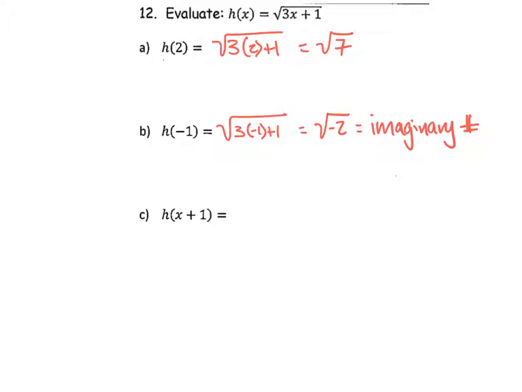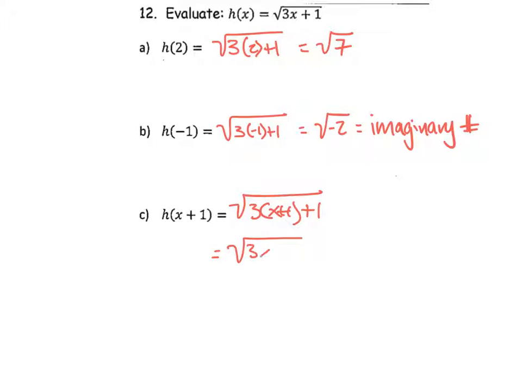Okay, so if we plugged in a 2 for A and a negative 1 for B, what are we going to plug in for C? x plus 1. Okay. So I have 3 times x plus 1 and then a plus 1 outside. What do I have to do with that 3? Distribute, okay.